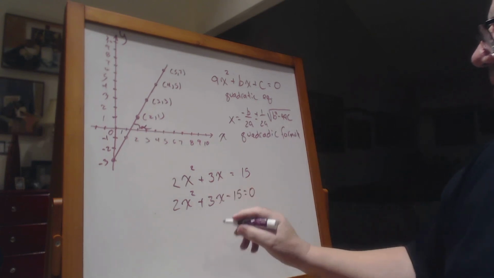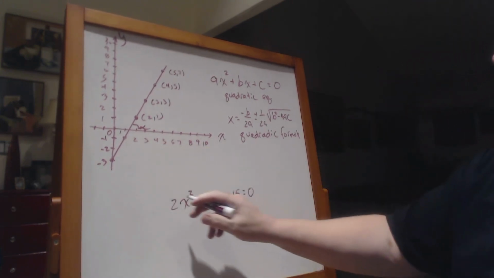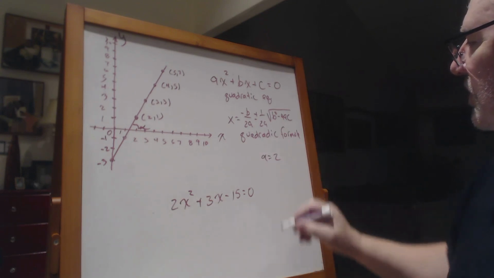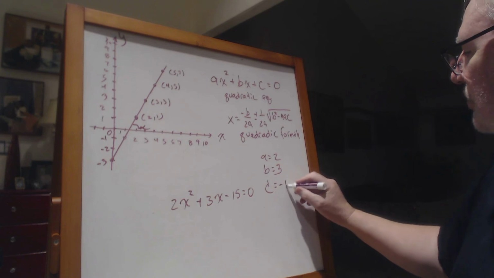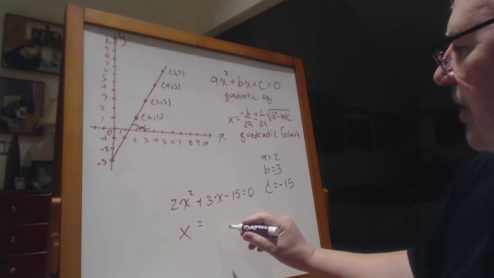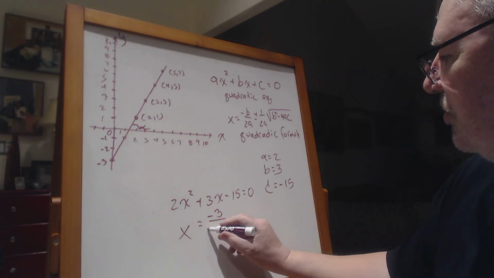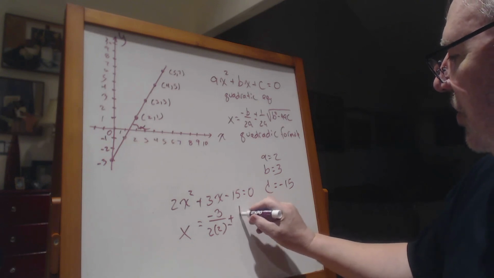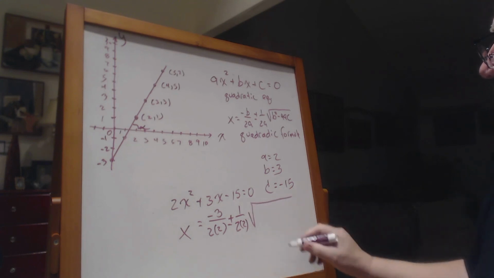So in this equation, we have a is 2, b is 3, c is minus 15. So x is equal to minus b, minus 3 over 2a, 2 times 2, plus or minus 1 over 2 times 2 times the square root of b squared.